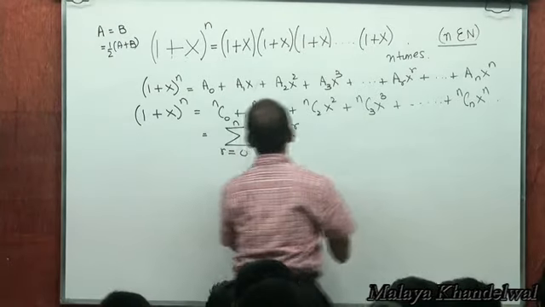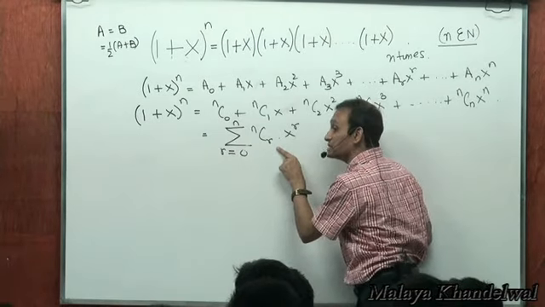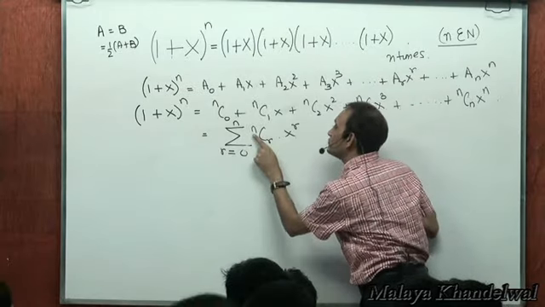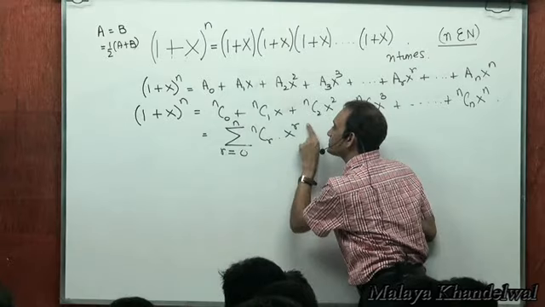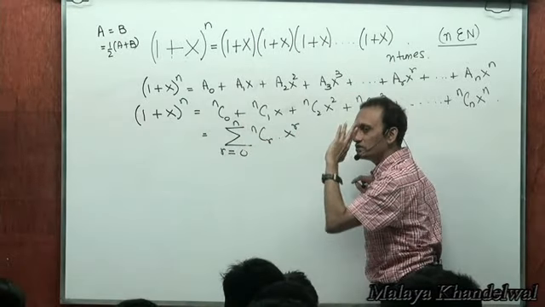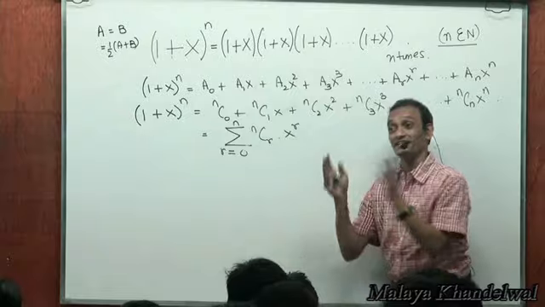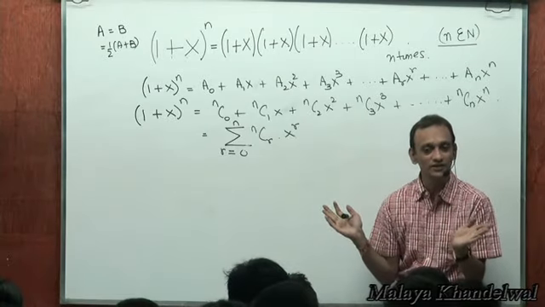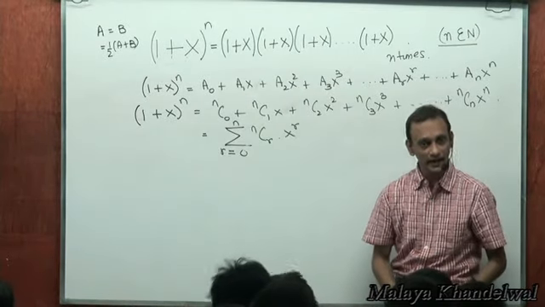Sometimes they will give you an expression of this kind, either direct or cryptic. If you encounter summation NCR x power r runs from 0 all the way to n, close your eyes and then open them and write that as 1 plus x to power n. This will right away turn out to be 1 plus x power n.